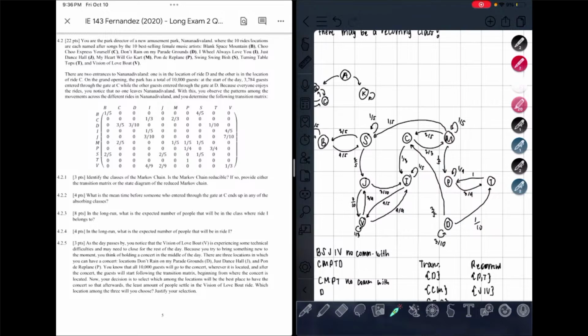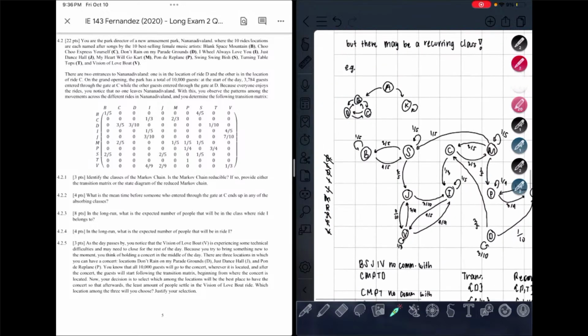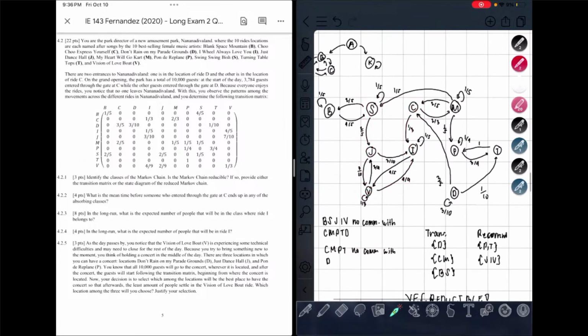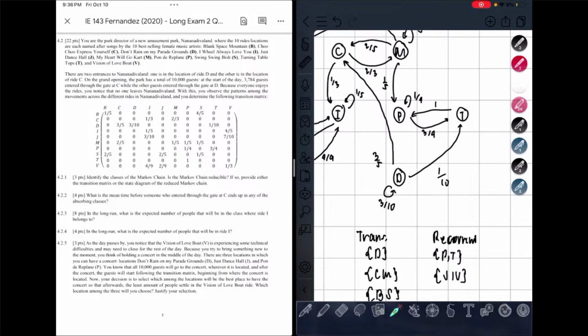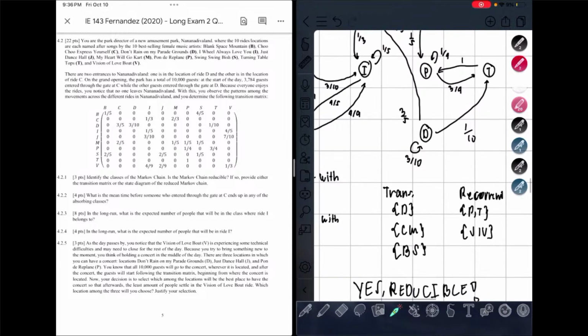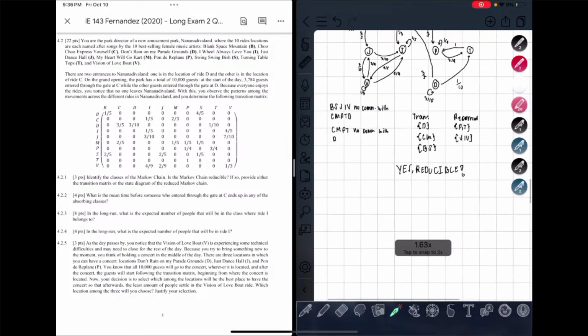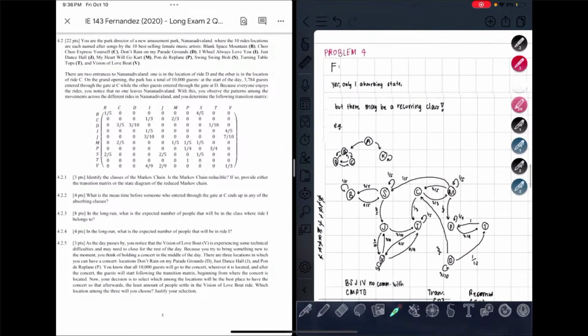J, I, V is also recurrent. I think we got a hint of that earlier when we found out that if you enter from C, there's no way to get out of here. If you enter from S, there's also no way to get out of here. So because you have multiple recurrent classes, this is in fact reducible. That's it. It's reducible. So, yeah.